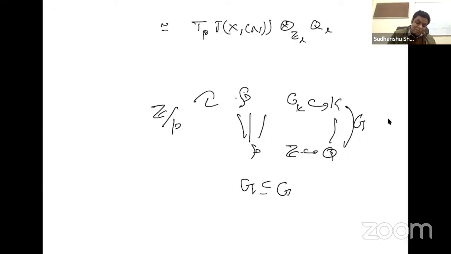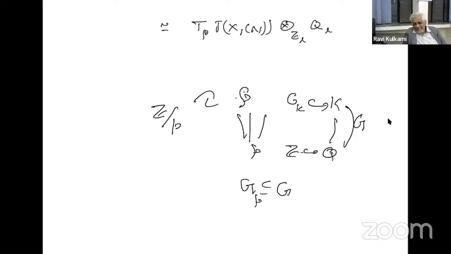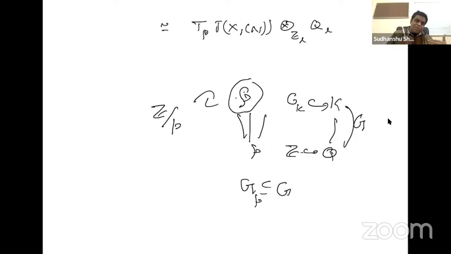Inside that, there is a decomposition subgroup, basically the group which fixes this prime P. Once it fixes P, you can go to the residue field and look at those elements whose action is trivial on the residue field. That is the inertia subgroup I_P.